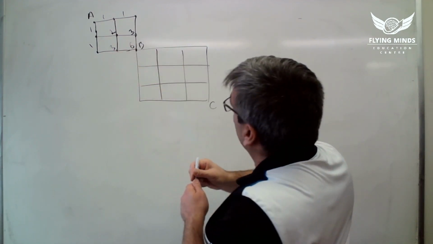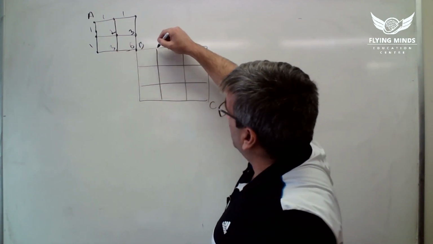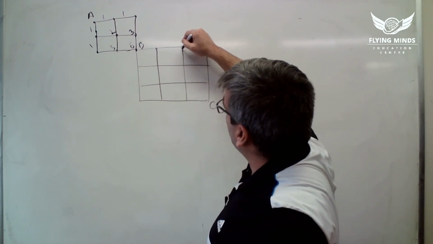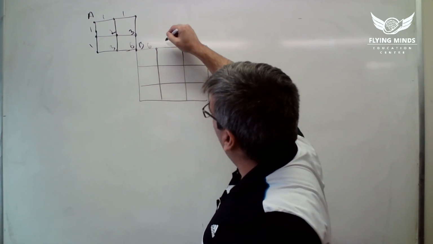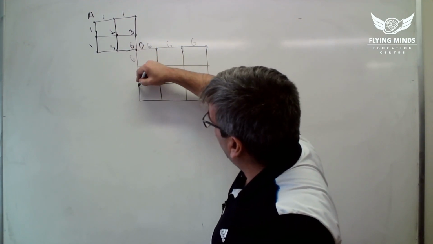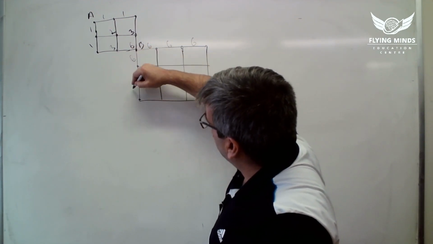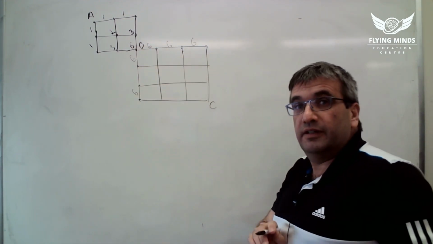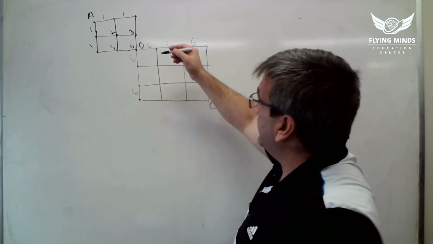Now, continue. So to get to these points here, we have 6 options, and to get along this side, we have 6 options. Again, same logic.